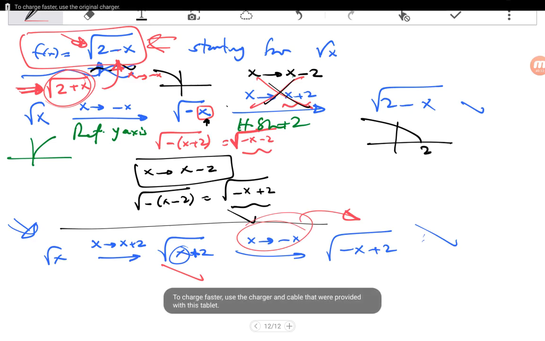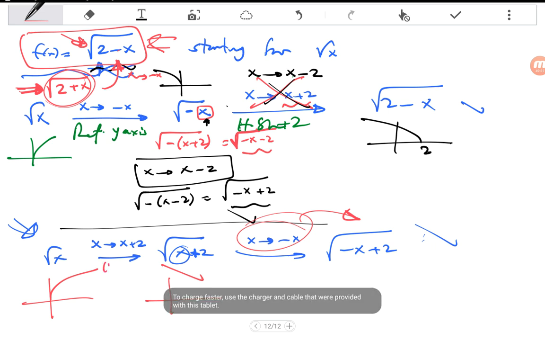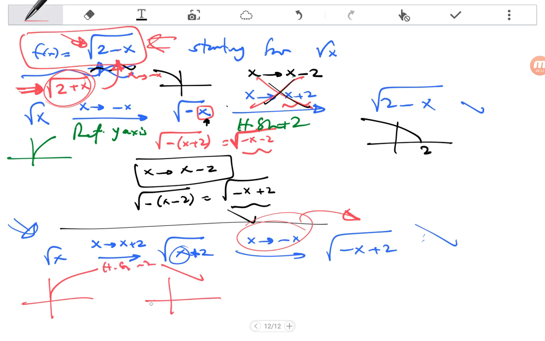So in this case, that is root x. Then root x plus 2, that will be a function. That means a horizontal shift, negative 2. So that will be like this. Then I will make a horizontal reflection, which is like this.